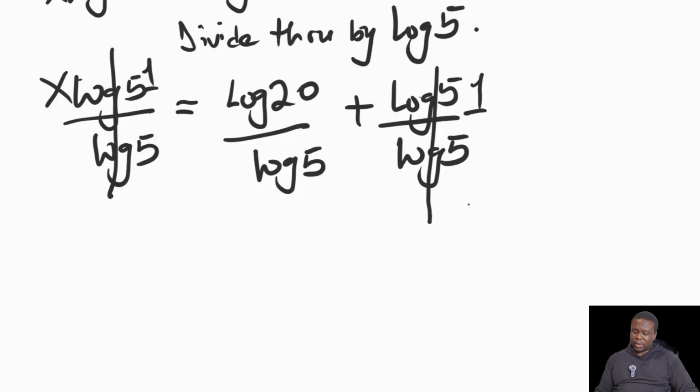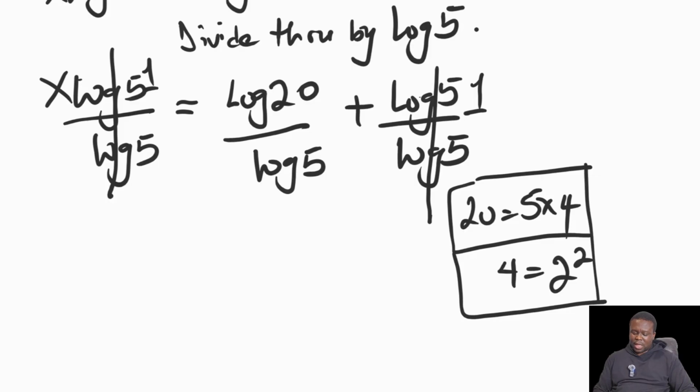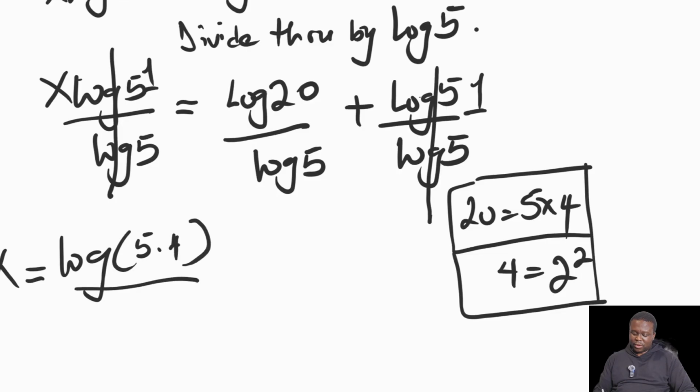Log 20. 20 is the same thing as 5 times 4. And 4 is the same thing as 2 squared. So let us continue with the solution. So this becomes log of 5 times 4 divided by log 5 plus 1.